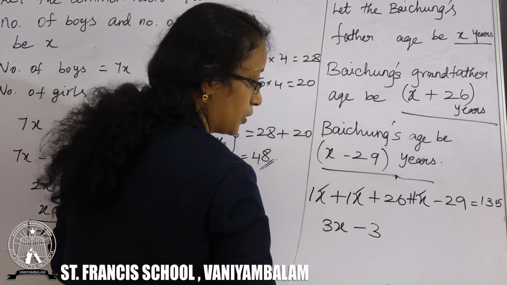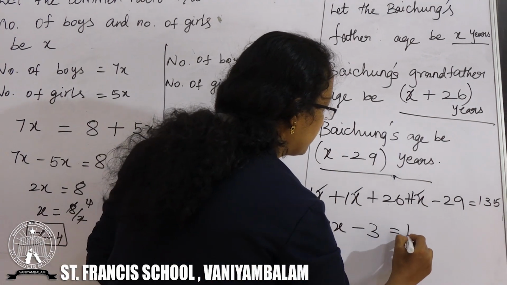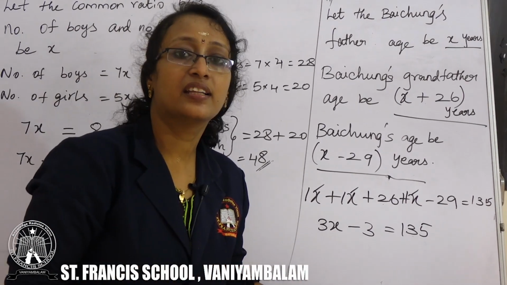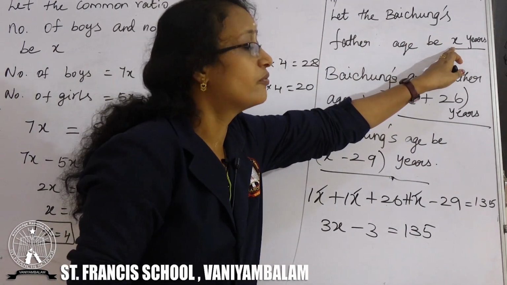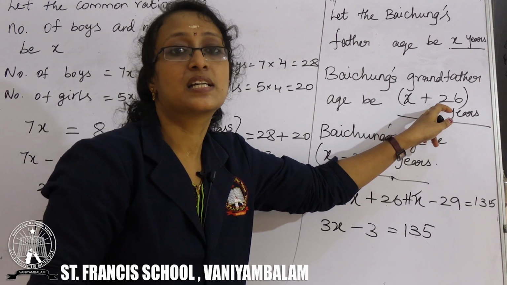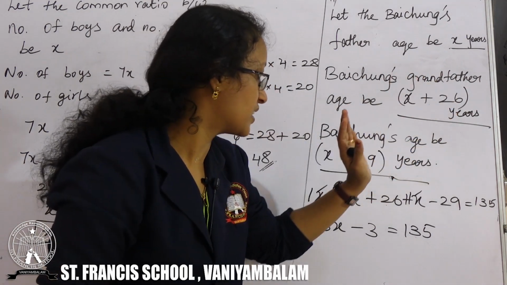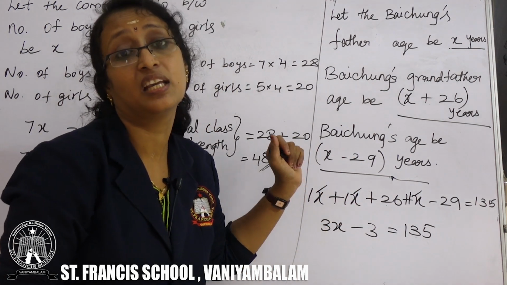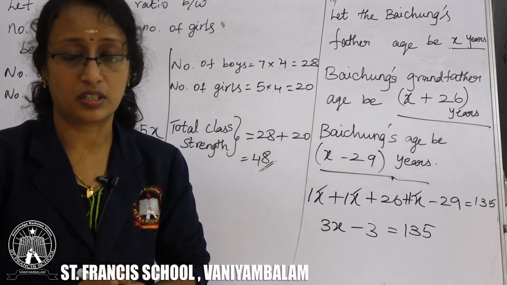Greater number is 29, and its symbol is minus. I think you can solve now. Find the x value, and that will be Baichung's father's age. Baichung's grandfather is x plus 26. Add the x value to 26, and subtract 29 from the x value, and you will get Baichung's age. I think you got it.